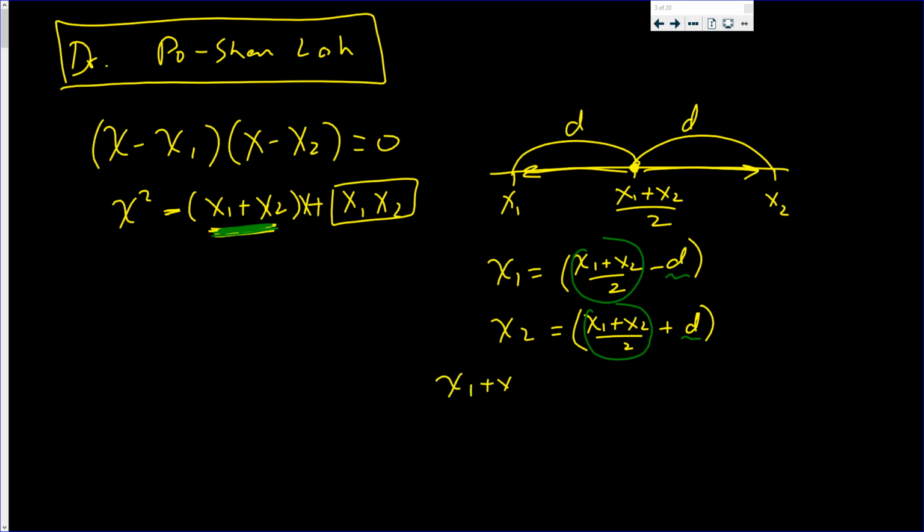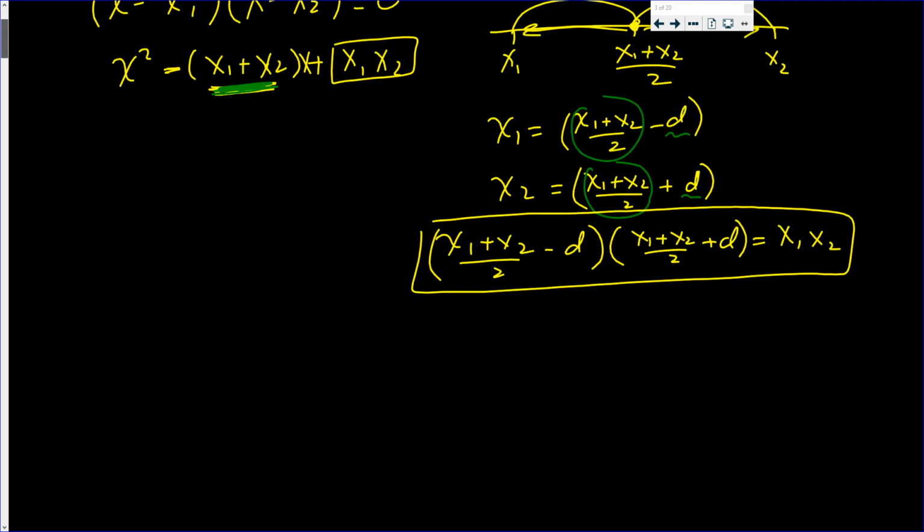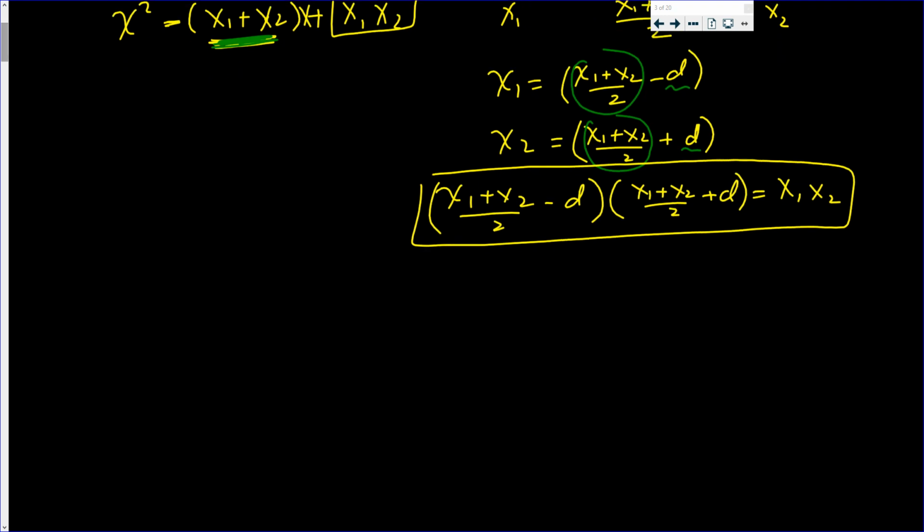If you take x1, which is that, and you multiply it by x2, which is that, you're going to get x1 times x2. And basically, this is what you need to use to figure out the roots. Because this will help you get d, and then all you do is you take the average of the roots, take away d, and add d.